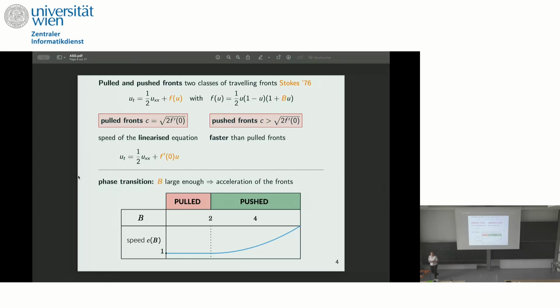So here we see a first transition in the macroscopic behavior of FKPP fronts. It suggests that there should also be a transition in the microscopic mechanisms of the invasion.